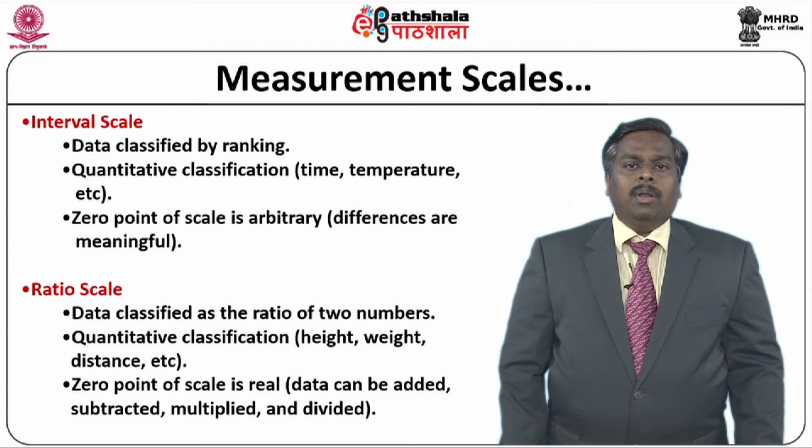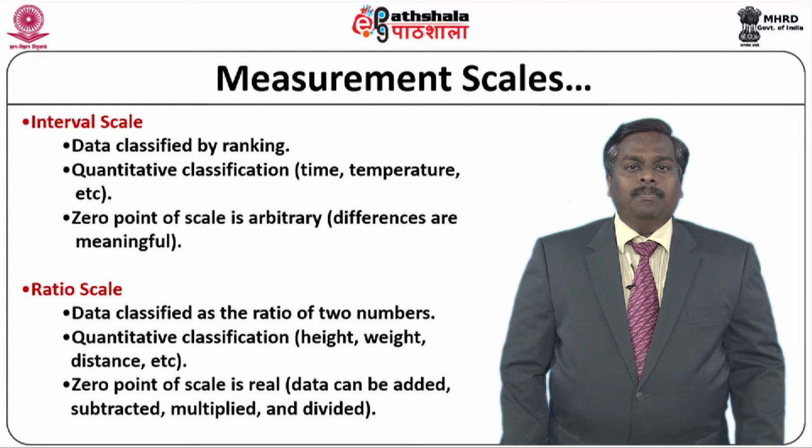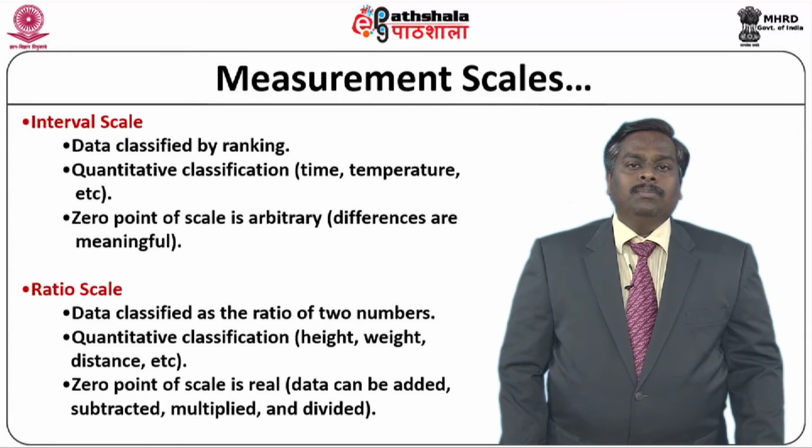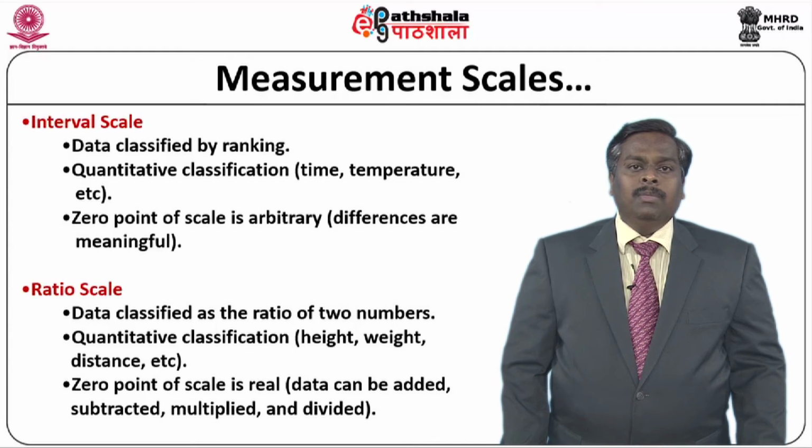Actually speaking, when we are trying to work with respect to an interval scale data, the 0 point of the scale may be arbitrary in nature. For example, let us take Fahrenheit. When you are representing the temperature in Fahrenheit and we say it is 0, it actually does not mean the temperature is 0.